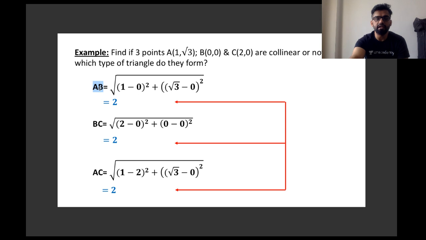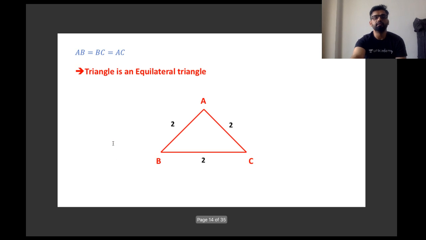Here we find out that AB is 2, BC is 2, AC is 2. The sum of any two distances is not equal to the third distance because all three distances are equal. Therefore, these 3 points, first of all, are not collinear, is something we have established. Second thing is that they're going to form a triangle. What kind of triangle? All three sides are equal. Therefore, these 3 points are forming an equilateral triangle. This is what the triangle will look like.